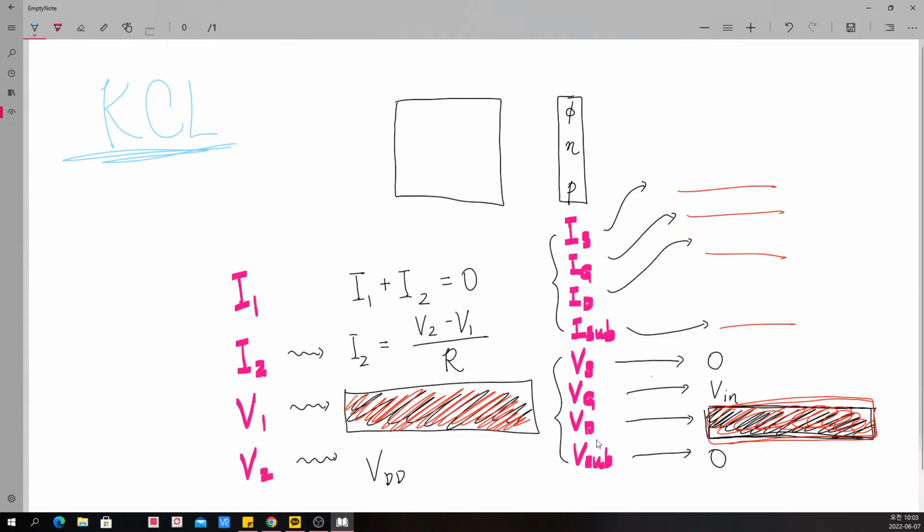Okay, for example, this guy and this guy, their voltage value is not determined. Okay, I see. Then maybe you have some temptation that, okay, I will just introduce KCL and say that for this V2, since that is connected to V1, we will just say that the drain voltage is equal to the resistor's first terminal voltage.